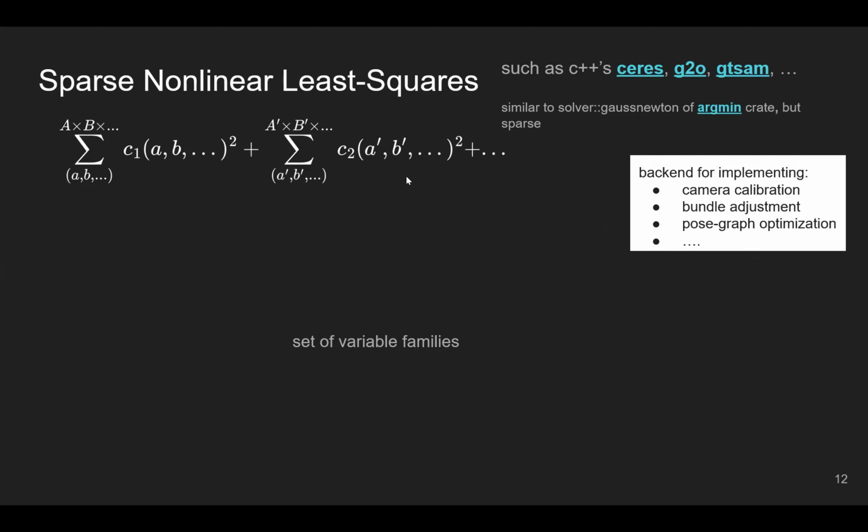This is really important for a lot of applications in classic computer vision and robotics, like camera calibration, bundle adjustment, pose-graph optimization, right? And there are the big libraries out there in C++, like Ceres, GTSAM, and so on. There's something similar in Rust called argmin, but this is not a sparse library, so it can be really slow.